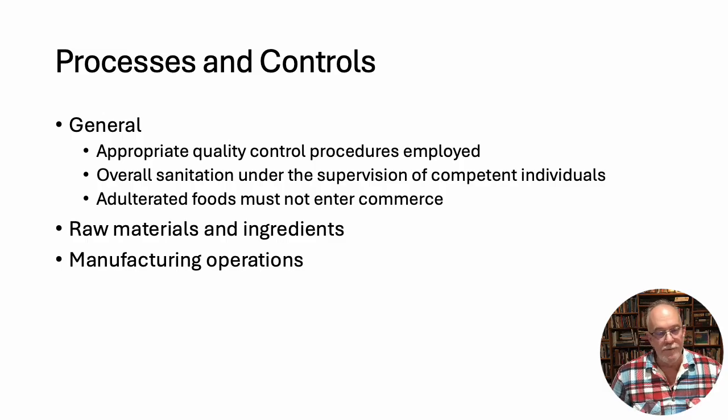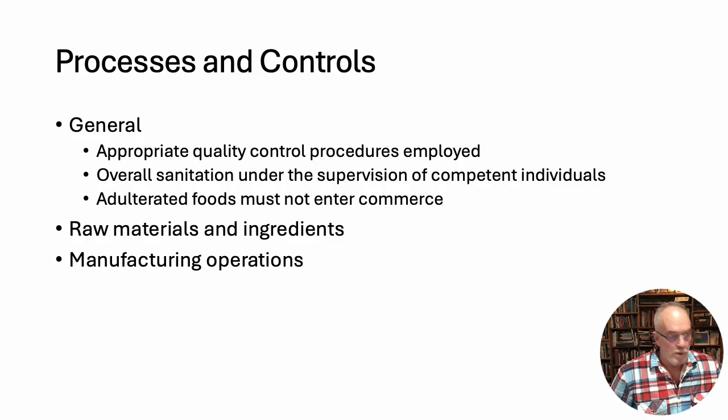The lower level foundational coverage, GMPs, covers processes and controls. So when you go to section 117.80, it's deep. It's got overall general requirements. It talks about the raw materials and our operations. It talks about how food that can support the rapid growth of undesirable microorganisms must be held at temperatures to prevent it from becoming contaminated.